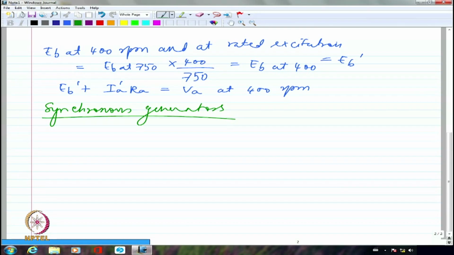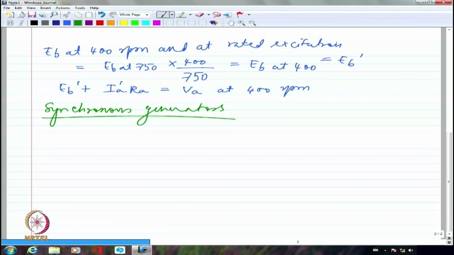If it is a 4-pole machine, it will be 1500 RPM. Armature will have 3-phase conductors located in the inner periphery of the stator, and you are going to get induced EMFs in all the 3 phases corresponding to 120-degree phase shift from each other, because they are placed at 120 degrees away from each other.